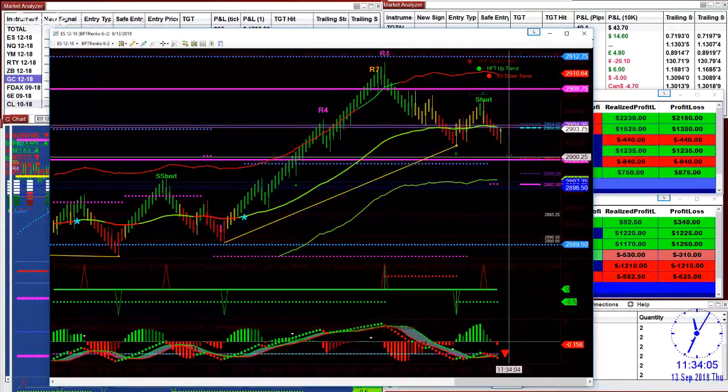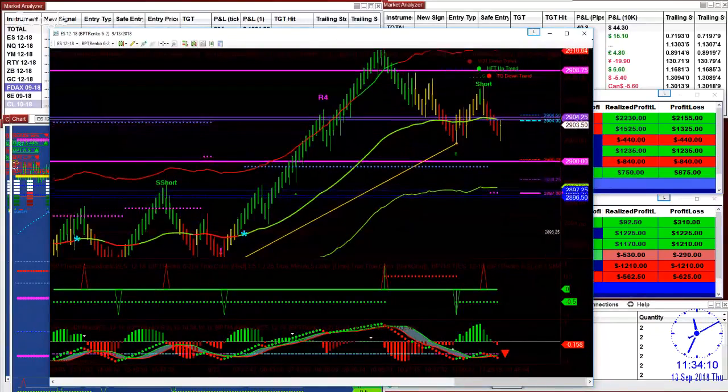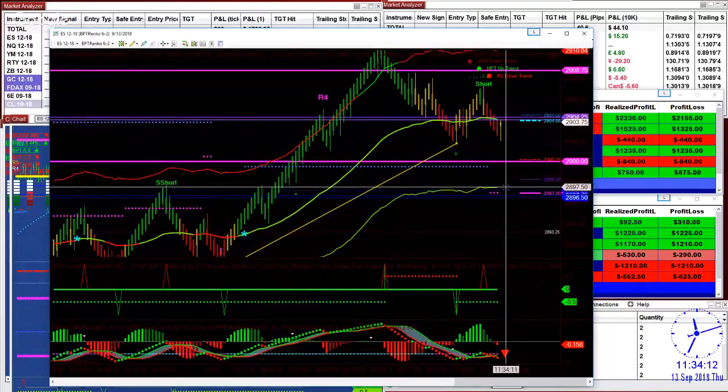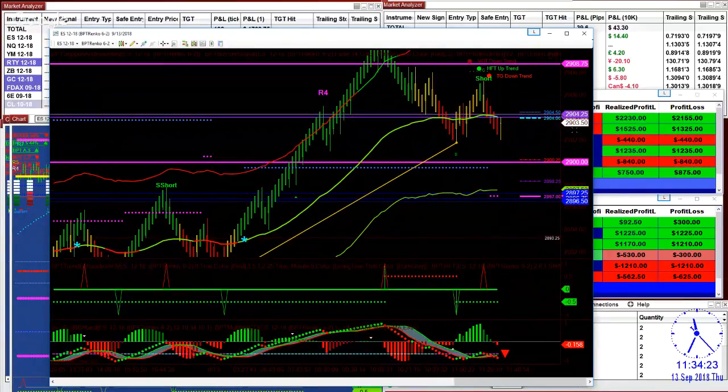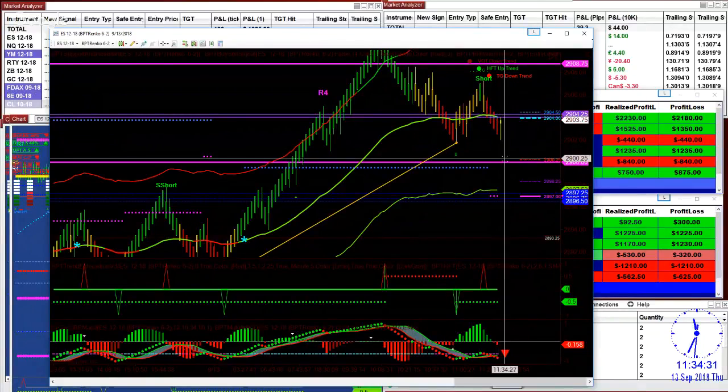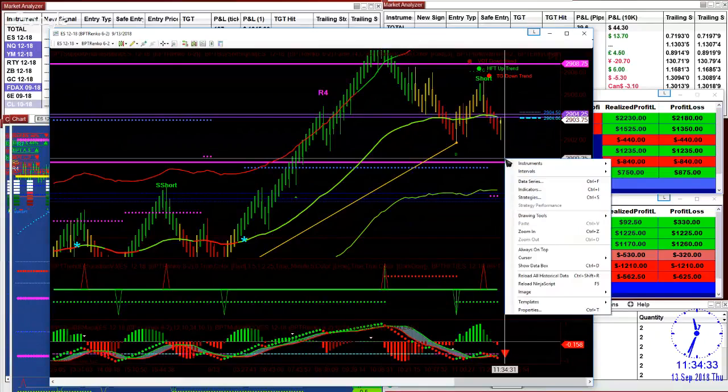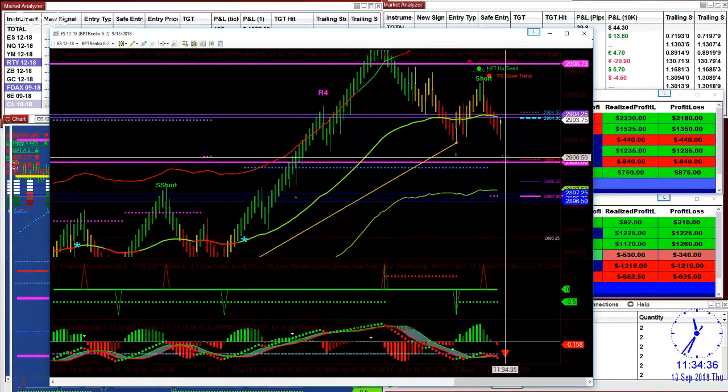You have two options on the ES: 0025, and then the second option to take a trade long, both long, is 9750. However, if you have a good size of money, I'd like to show you a trick where you put one buy order right there at 0050.